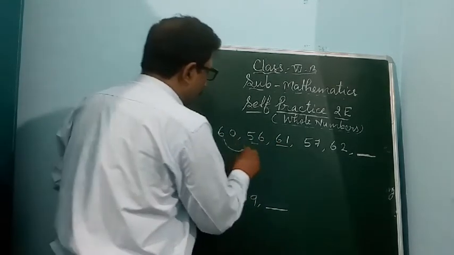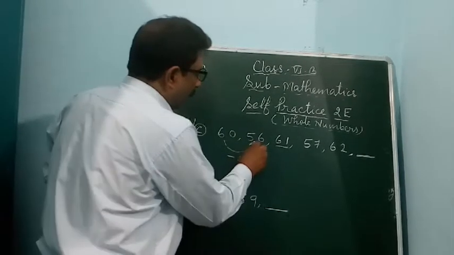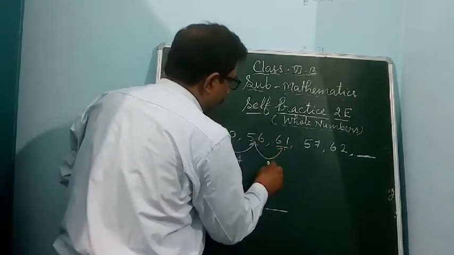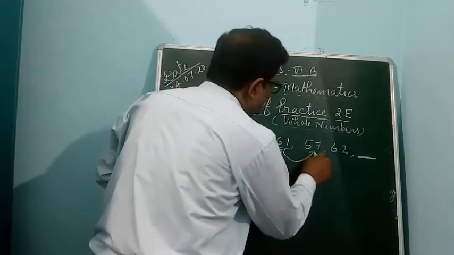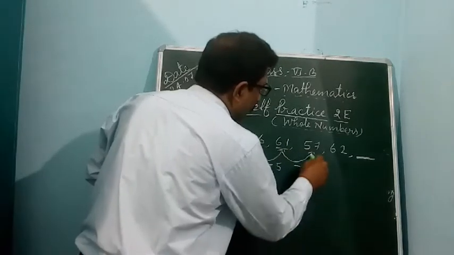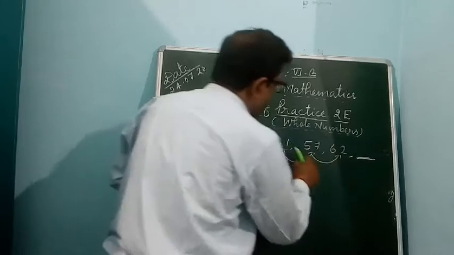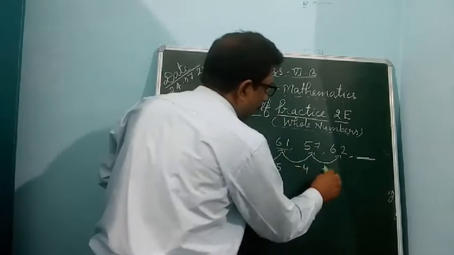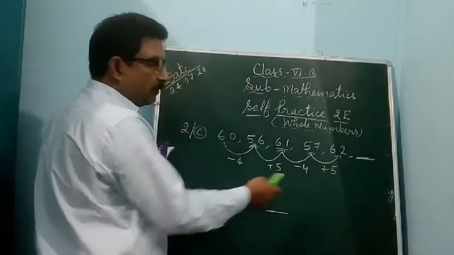You see 60 minus 4 is 56, then plus 5 gives 61. 61 minus 4 is 57, and 57 plus 5 is 62. What will be the next?